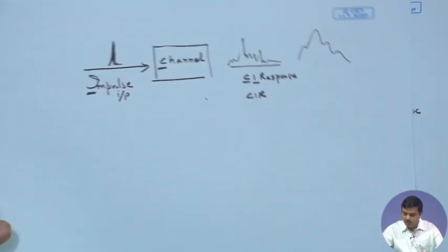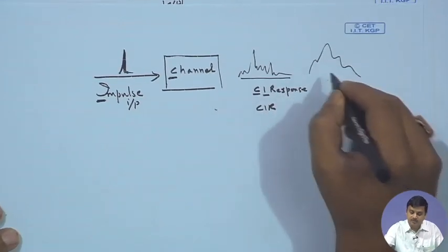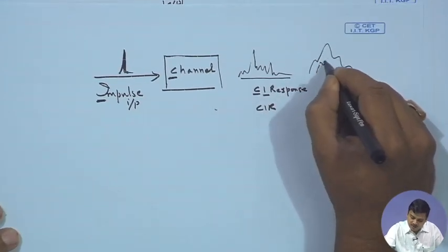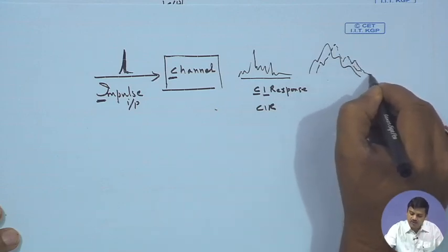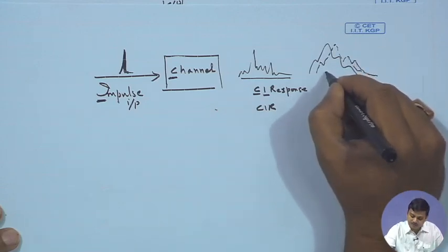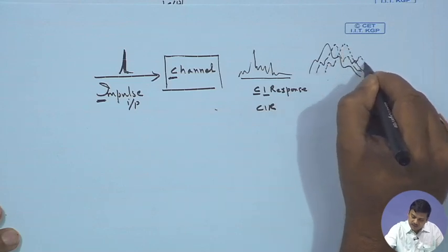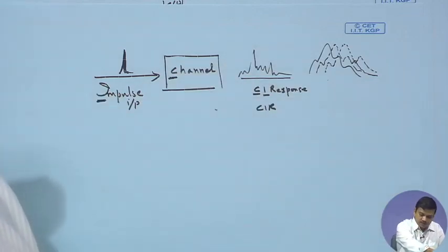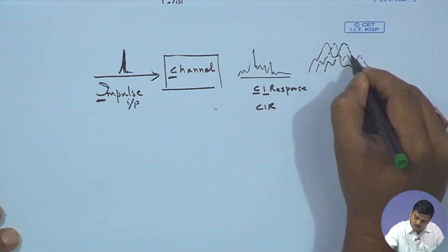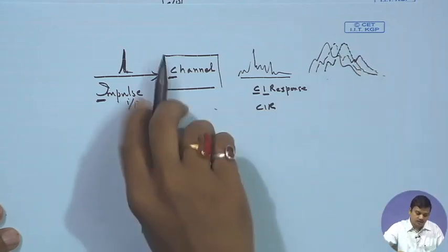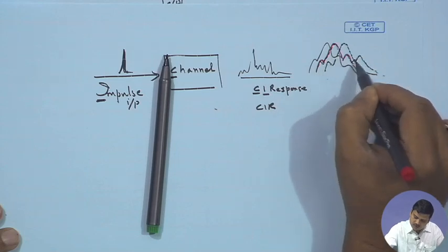If we look at the continuous version, we might get this due to the first impulse, the second impulse might produce this. We are assuming that the channel response is remaining constant with time, and the third impulse launched into it would produce something like this. So we have these 3 impulses.